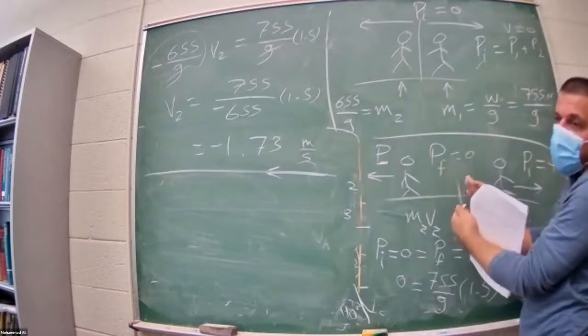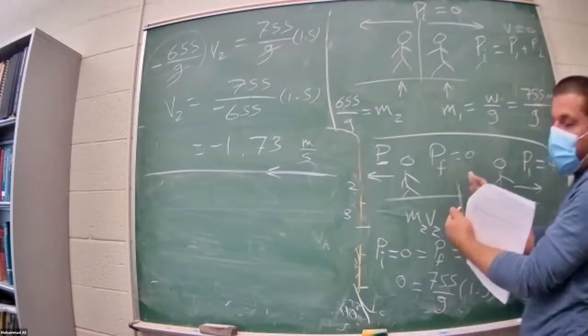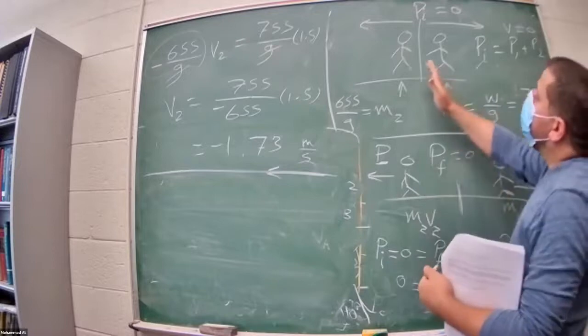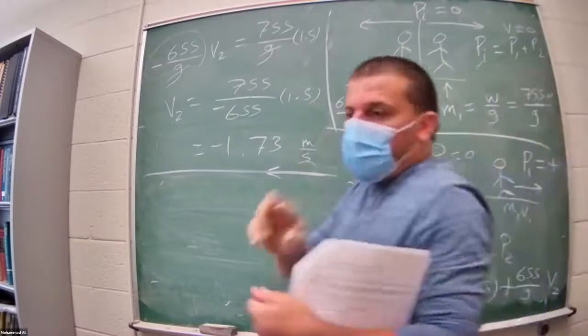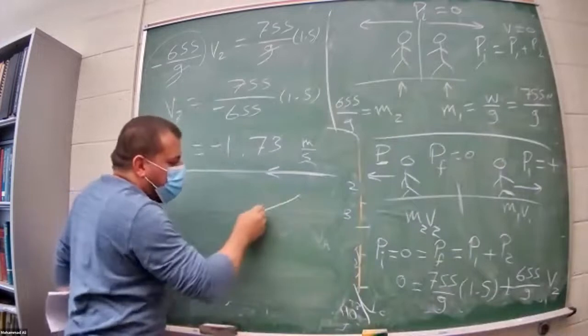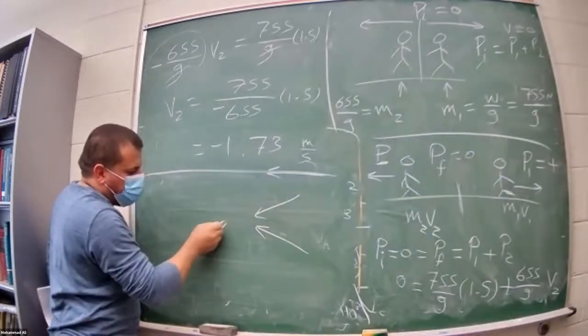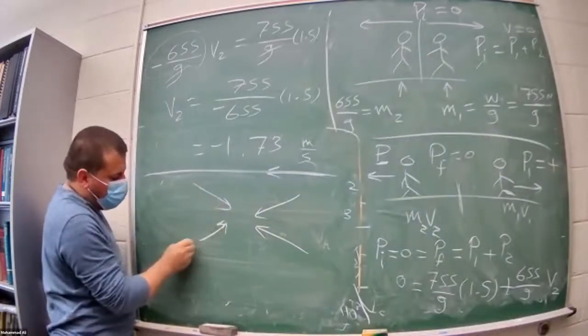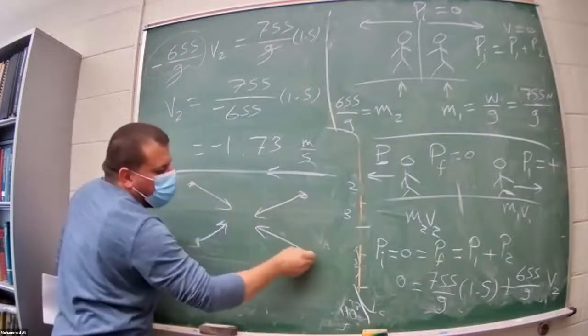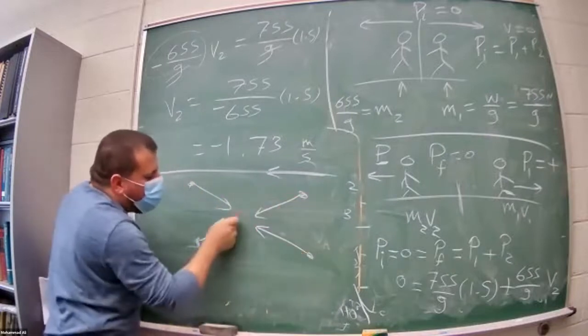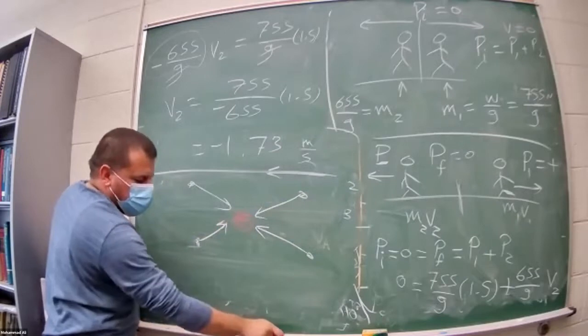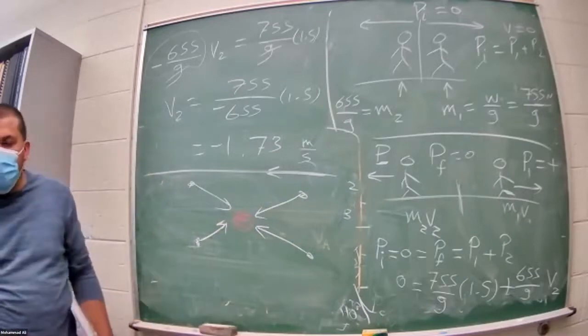This is a fully inelastic collision in this way. We have many masses, and we combine them into just one mass. This is a fully inelastic collision.